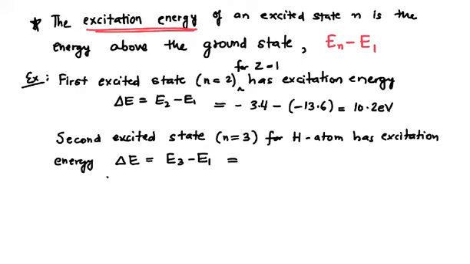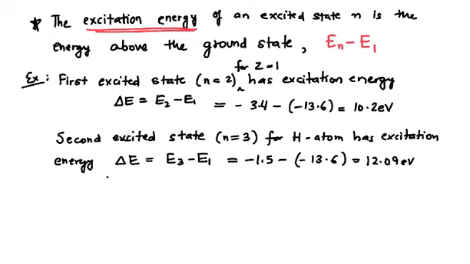So we could calculate the first excited state for Z equals 1, and similarly the excitation energy for the second excited state, and this is equal to -1.5 minus -13.6, equal to 12.09 electron volts. So that way you can calculate the excitation energy.